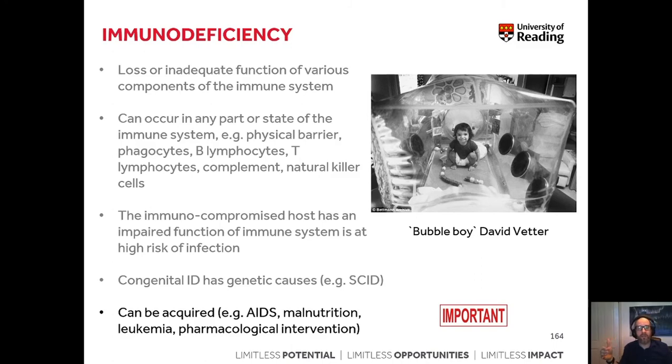And sometimes this pharmacological intervention is actually made on purpose. One example of actually intended reduction of the immune system is in case of transplantation of organs, where I actually do want to reduce the level of immune response to avoid rejection of the transplanted organ.